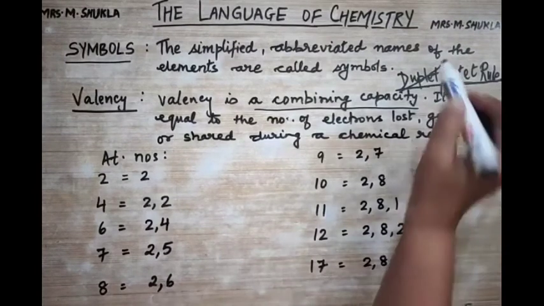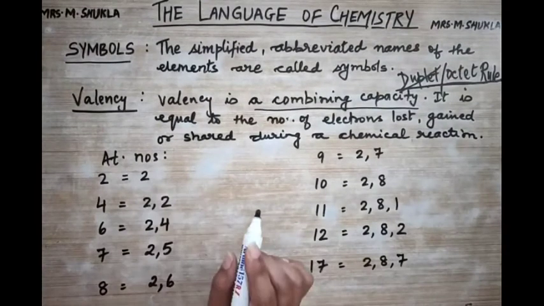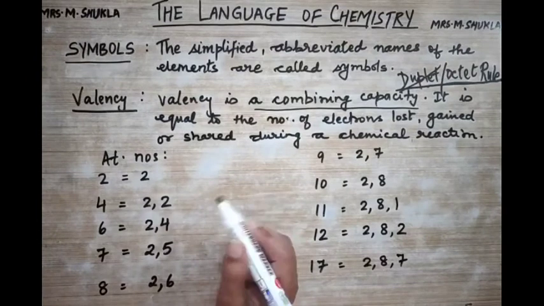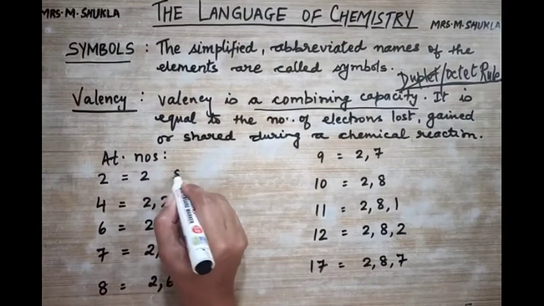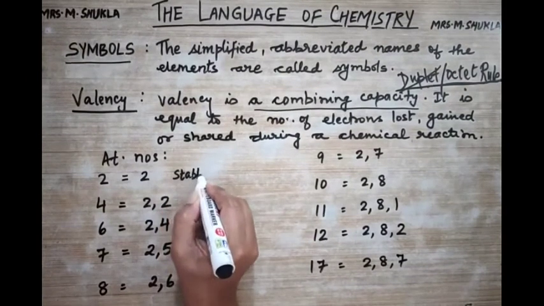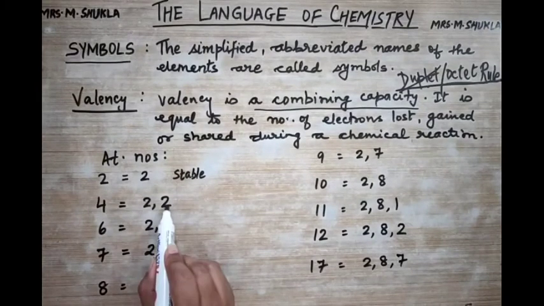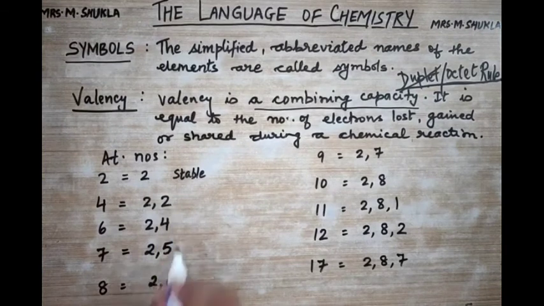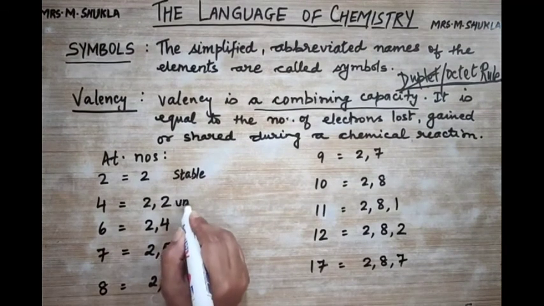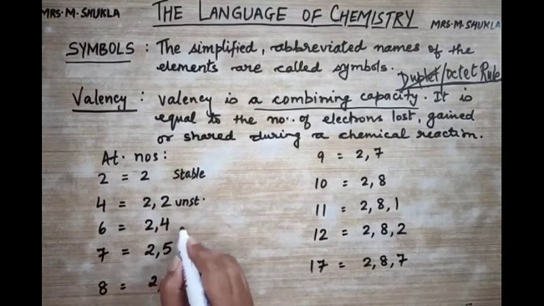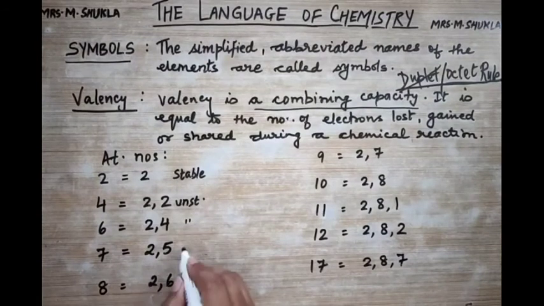So now firstly duplet. This had 2 electrons. It does not have any other. That means this is stable. So I'm writing down over here, it is stable. Let's check this. It has 2, but it doesn't have 8 over here. Unstable. 2, 4. Again unstable. 2, 6.